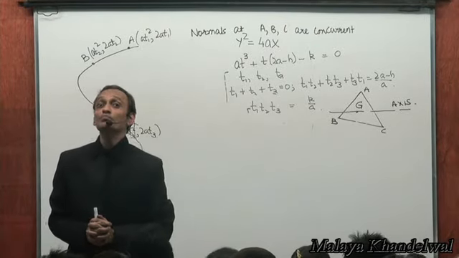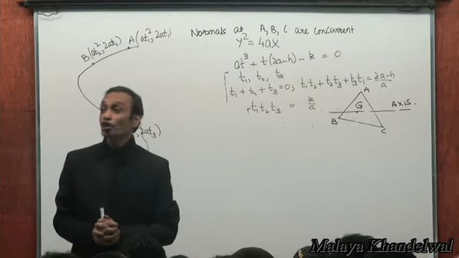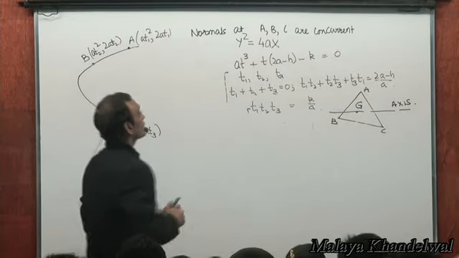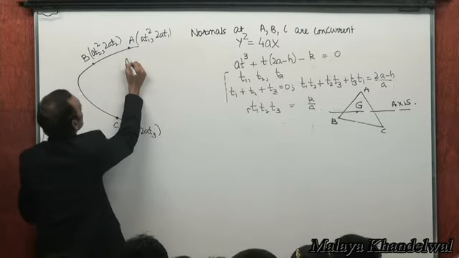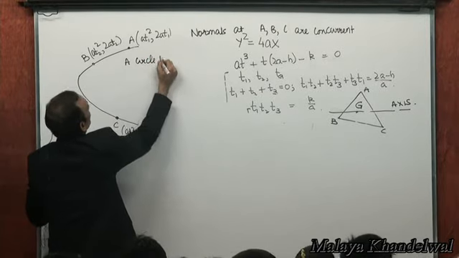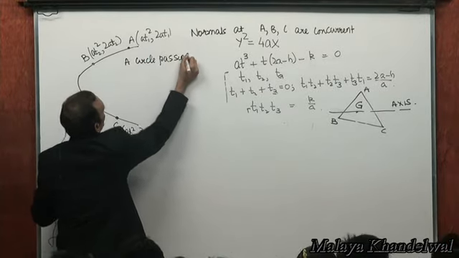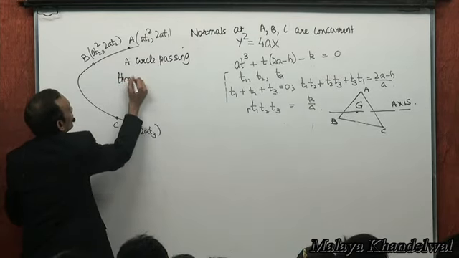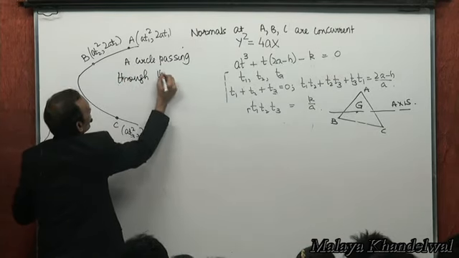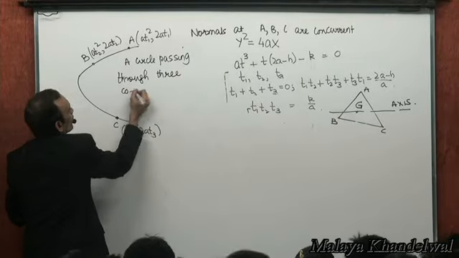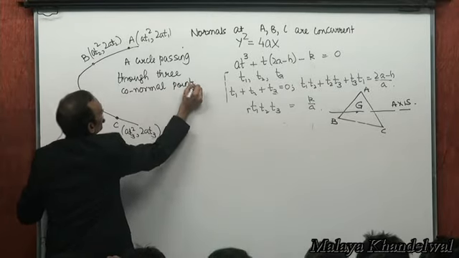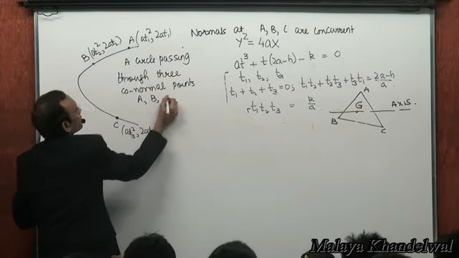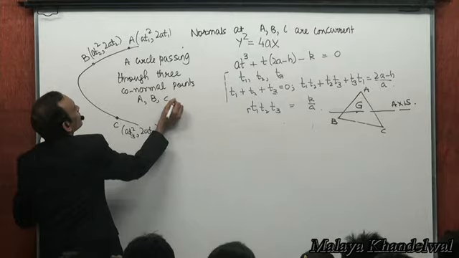We wish to examine the property of a circle passing through 3 co-normal points, call them A, B and C.